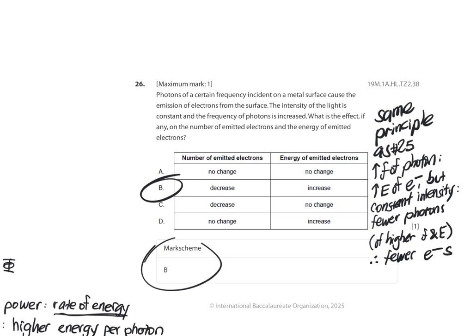But with a constant intensity, there are fewer photons of a higher energy so that the power is constant. Higher energy photons means there are fewer of them, and therefore fewer electrons emitted because there are fewer photons hitting. And so the number of emitted electrons goes down, but the energy of the emitted electrons goes up. So 26 is B.